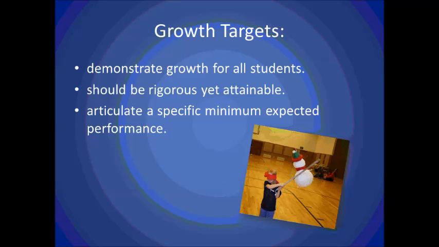These growth targets need to show growth for all of your students, and they should be rigorous yet attainable and articulate a specific minimum expected performance. Please make certain also that your growth targets are attainable by April 30th, which is the end date for student growth measure data to be collected and submitted to the Ohio Teacher Evaluation System online.